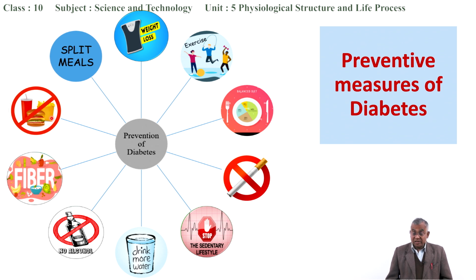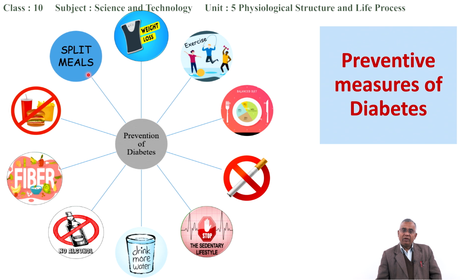Especially it is suggested that natural fruit juice is also not as good as fruit. So if possible, take fruit instead of juices. Okay, so you have understood these three.